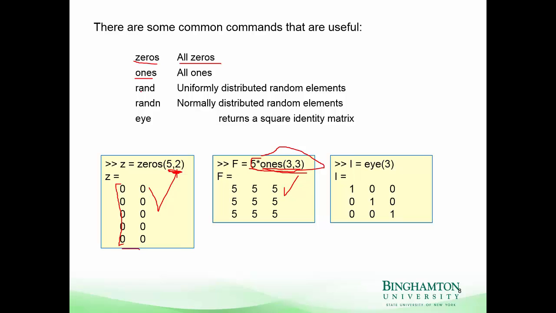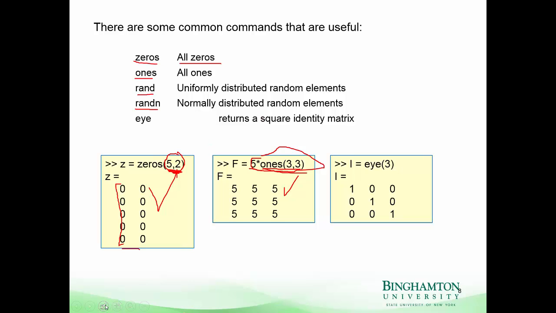The commands rand and randn allow you to create various random vectors or random matrices. I'm not really going to talk about those too much, but they work in a similar way. You would put in parentheses a number of rows and number of columns.